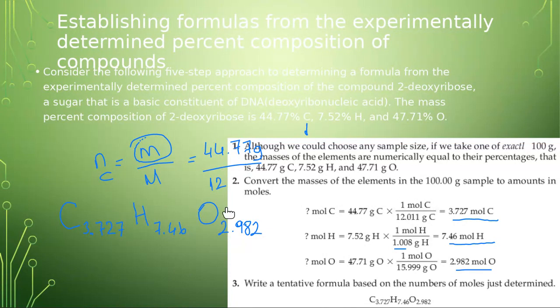You don't see that in any books or any other files. You have to get exact numerical formula, not the tentative formula. Okay, and then you have to divide it.